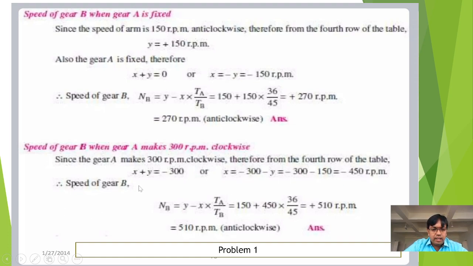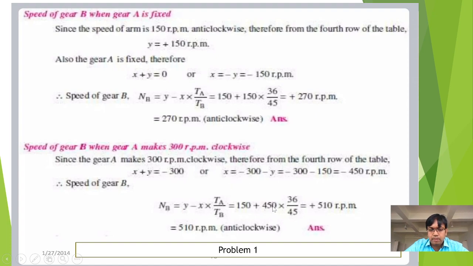Now we need to calculate for this condition, that is x is equal to minus 450 and y is equal to plus 150, the speed of gear B, that is NB, taken from the fourth row of the table. For gear B, NB is equal to y minus x into TA by TB. The value of y is 150, and the value of x is minus 450.